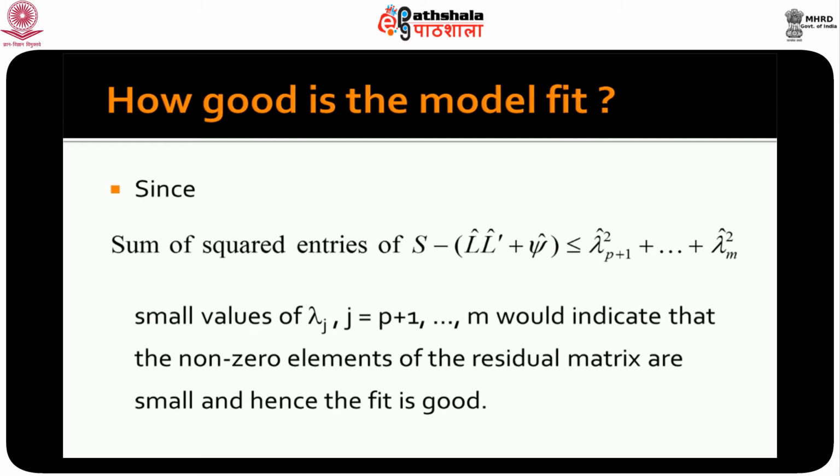If the remaining eigenvalues are small, then obviously their square sums would be small, and hence the sum of squared entries in the residual matrix would be small. So we can say that in general the residual matrix would have very small elements and hence can be ignored. So that is one way that we can fit the factor model. We get the ultimate estimates of both L and psi.